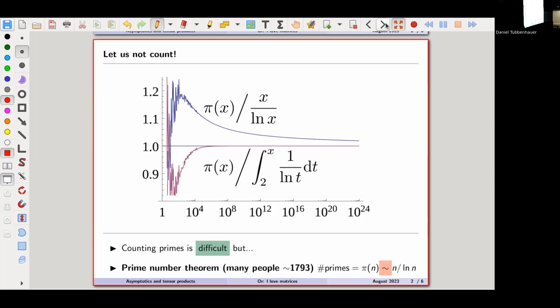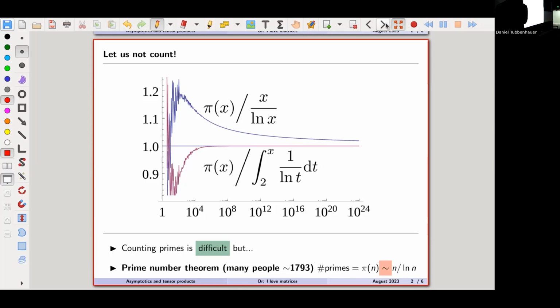So this is a very famous counting problem, and this is just not really easy. If you really want to compute this number explicitly, like a formula for that number, that's probably not happening in my lifetime, maybe never. But what people can do is the non-counting thing. Let us not count.